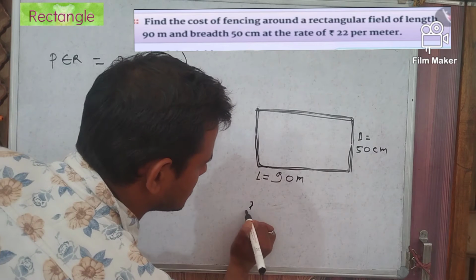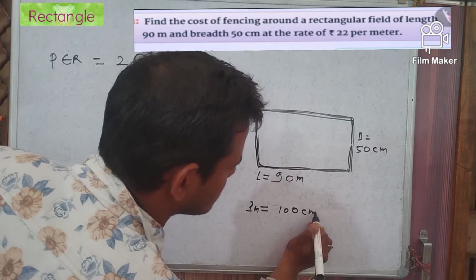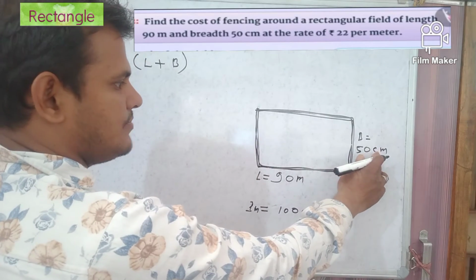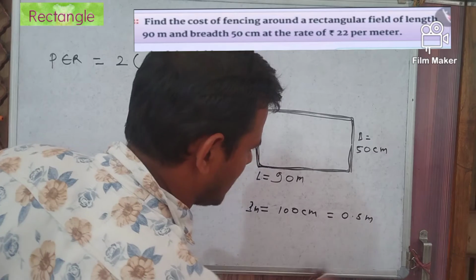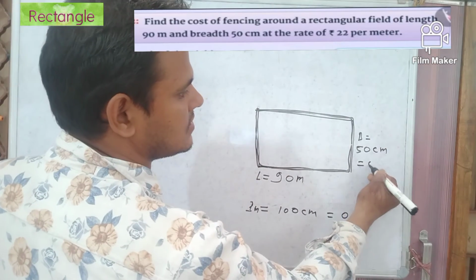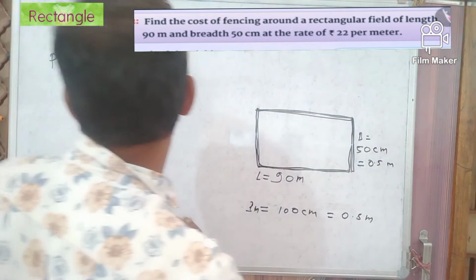One meter is equal to 100 centimeter. This is only 50 centimeter. So this is 0.5 meter. So we can say 0.5 meter is the breadth, right?